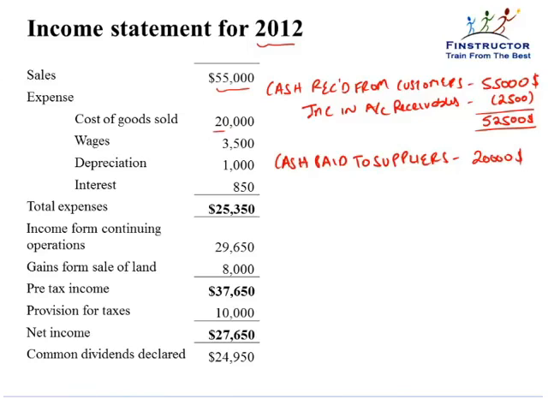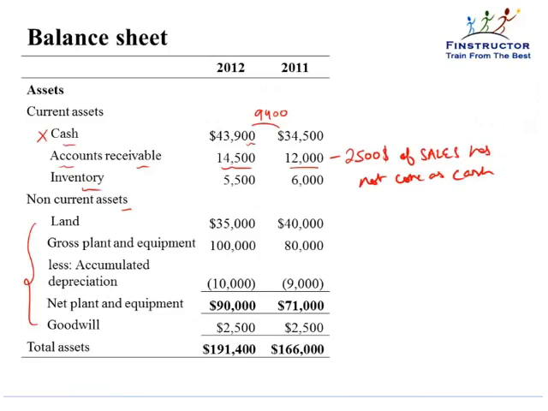But before we conclude, let's look at the balance sheet to see if there's anything that needs to be added or subtracted. So on the assets side, let's start checking the items that we have already accounted for so that we don't have to look at them again. So accounts receivable has already been incorporated into the cash flow statement. The next item we see on the asset side is that the inventory has gone down from $6,000 to $5,500.